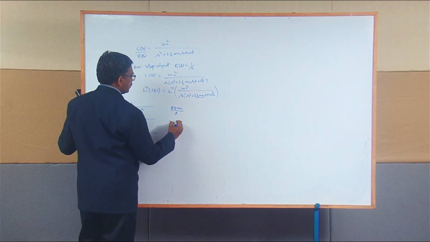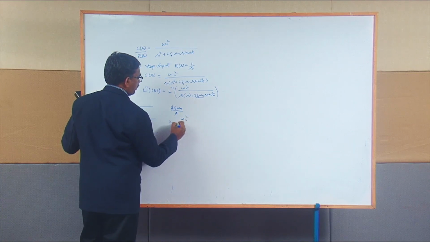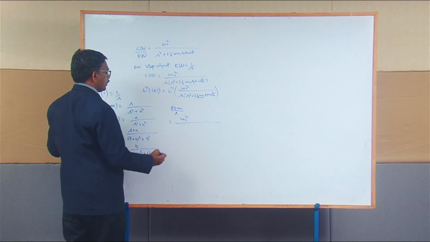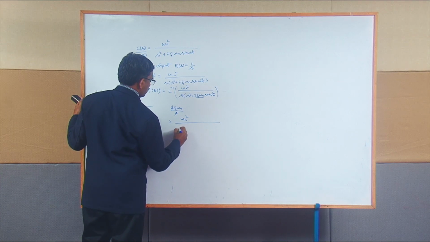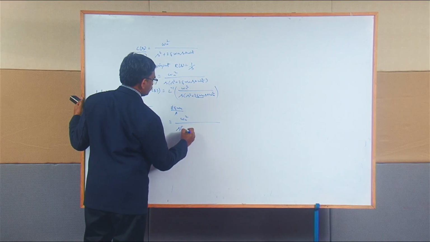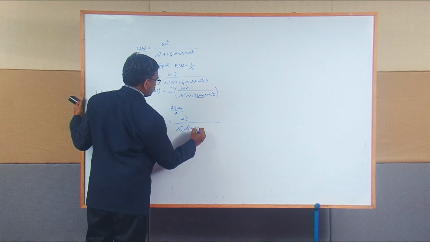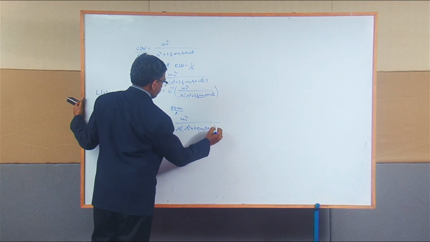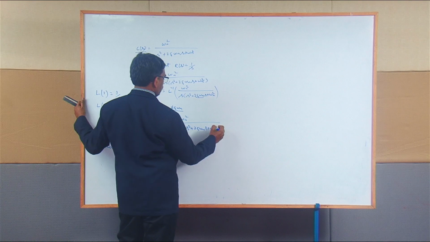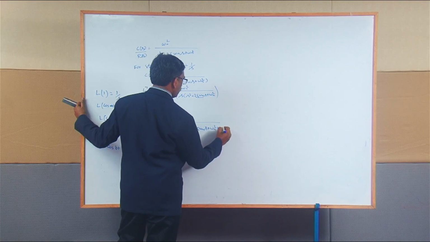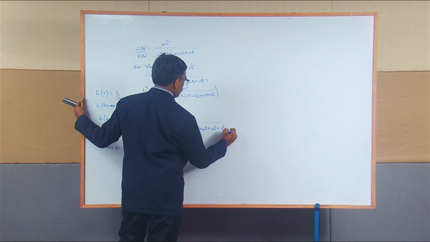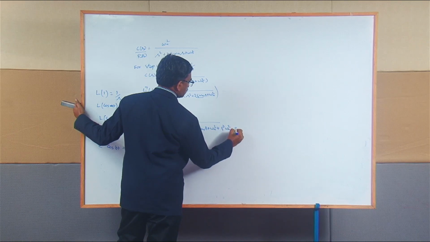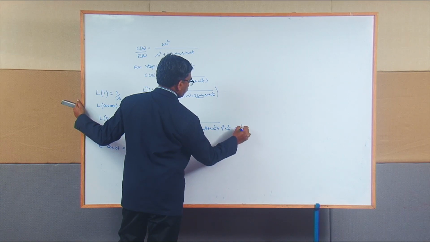So, this will be omega n square divided by s into (s square plus 2 zeta omega n s plus omega n square plus omega n square minus zeta square omega n square).